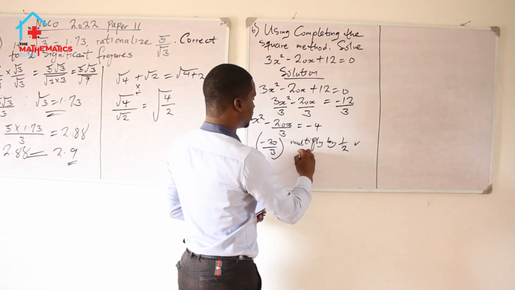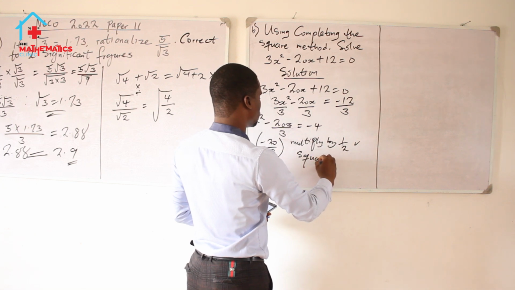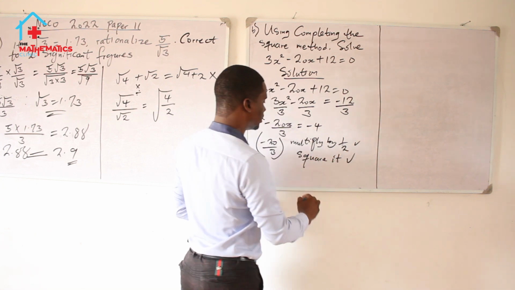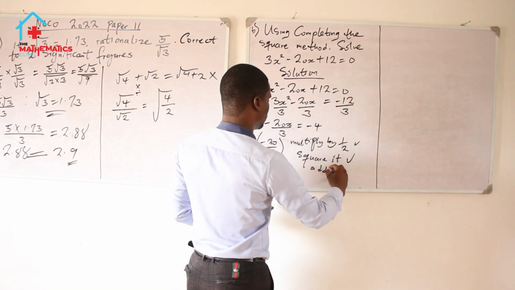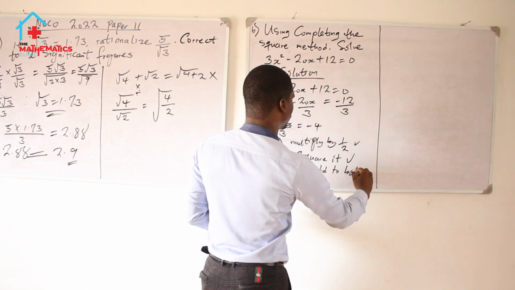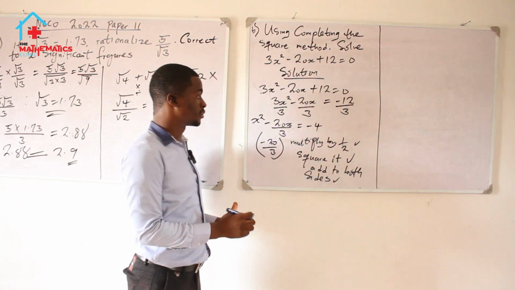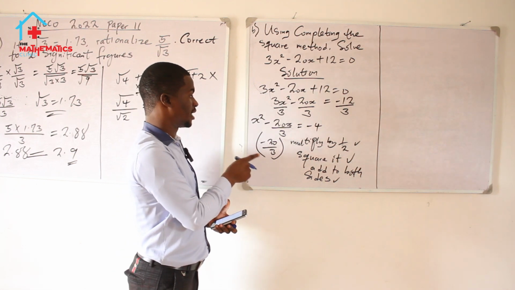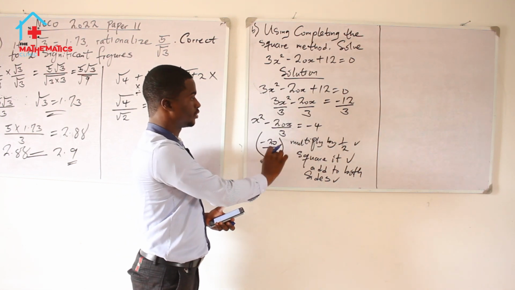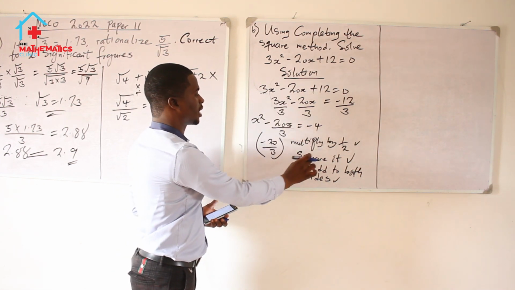Do this, then square it, then add to both sides. So this is the next operation we're about to carry out: multiply the coefficient of x by half, square the result, and add to both sides.